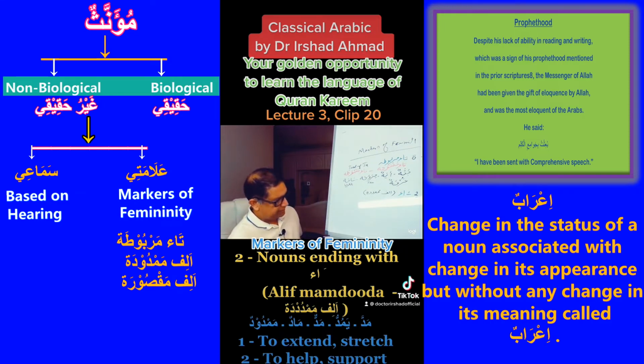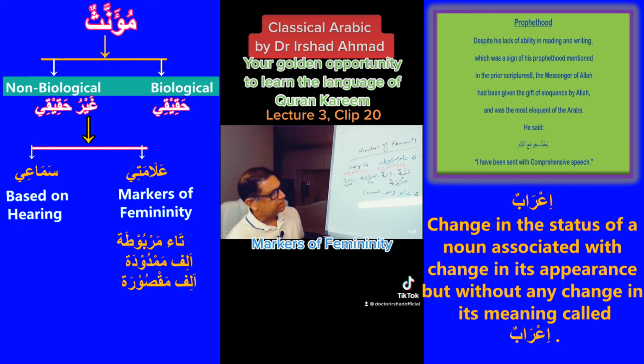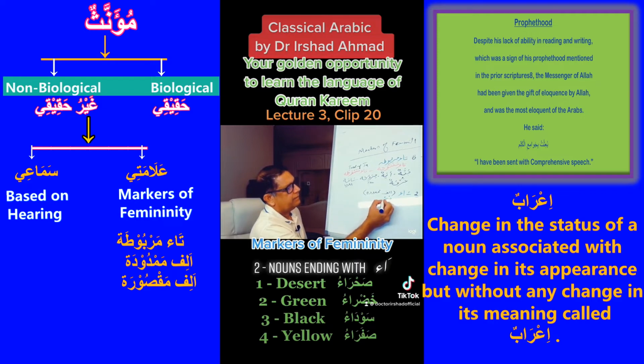And examples in this category are such as Sahara, Khadra, Sauda, Safra, so Sahara'u, Khadra'u, Sauda'u, Safra'u, a few of the examples.